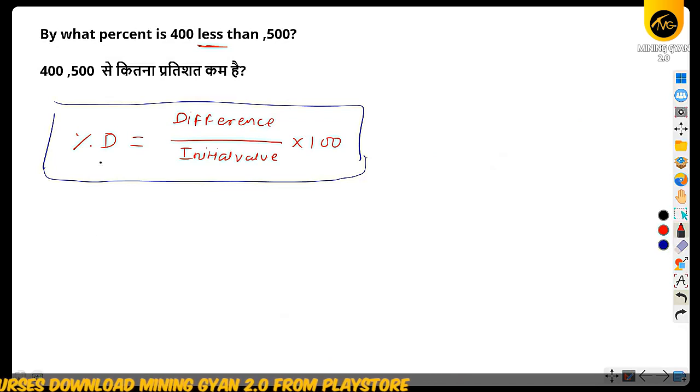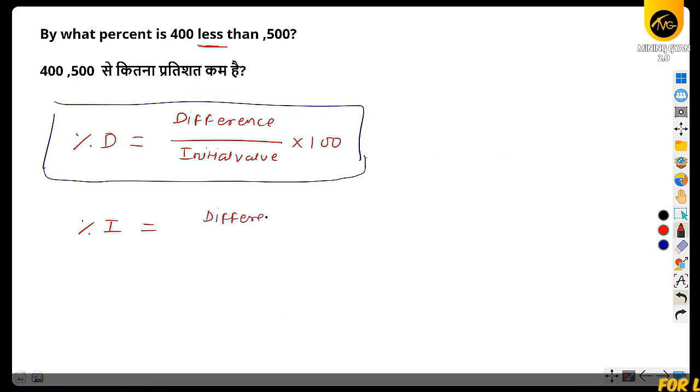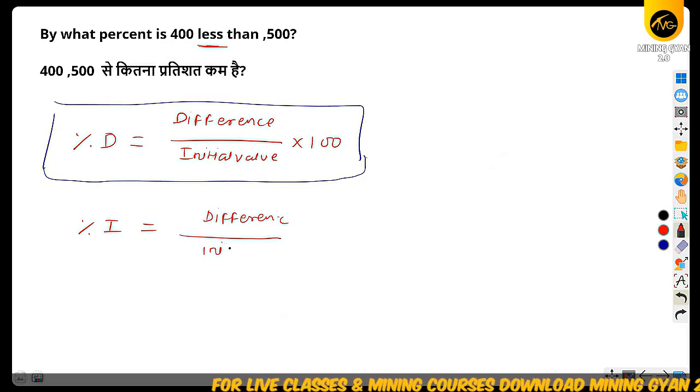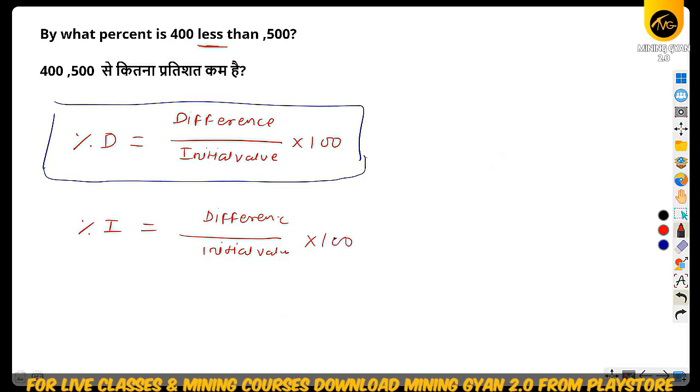And if you find out the increment condition, so percent I is equal to difference divided by initial value into 100. So this is the similar kind of formula.